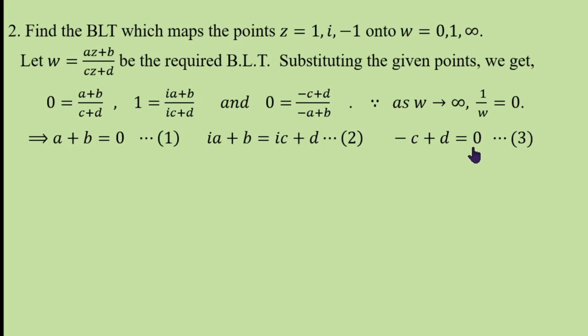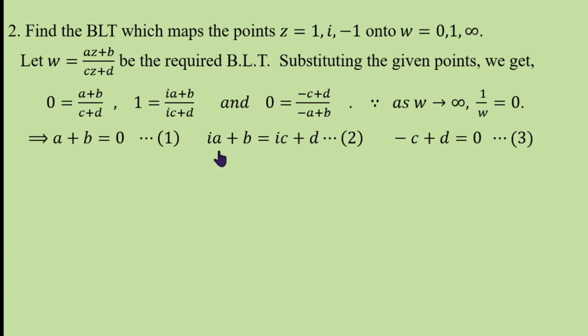Find two equations involving only three variables. Here A and B, so C is not there and D is not there. So, from these, remove one of the variables. Better remove D. D is nothing but C. By substituting D equal to C in the second equation, we get two equations involving A, B, C only. One is iA + B equal to iC + C, because D is C. iC + C means C into (1 + i).